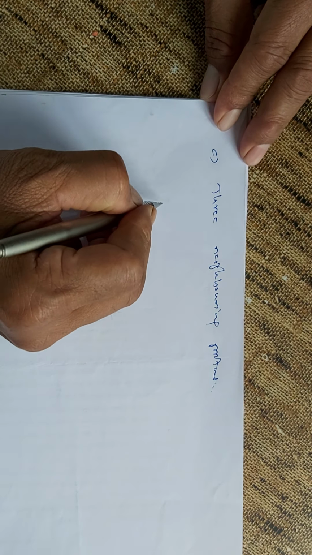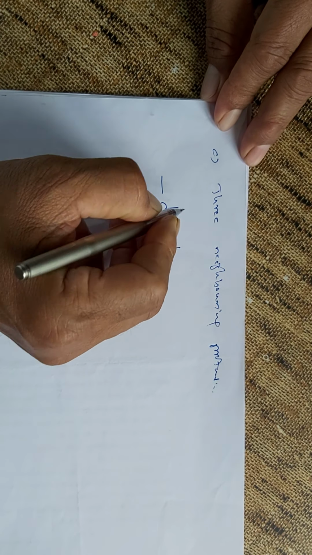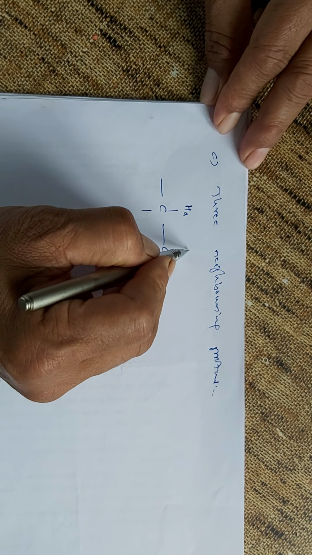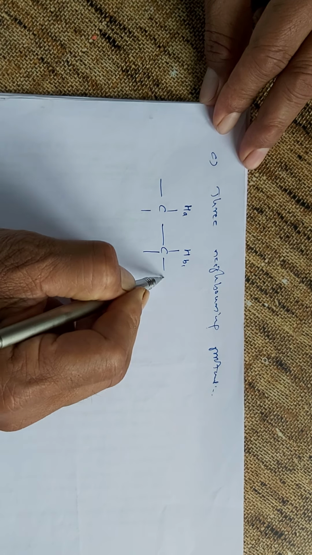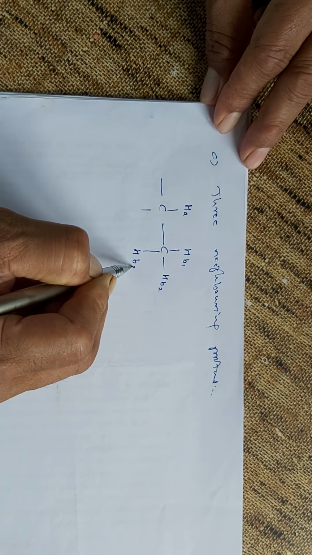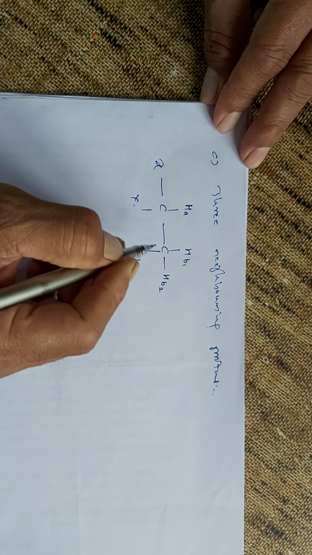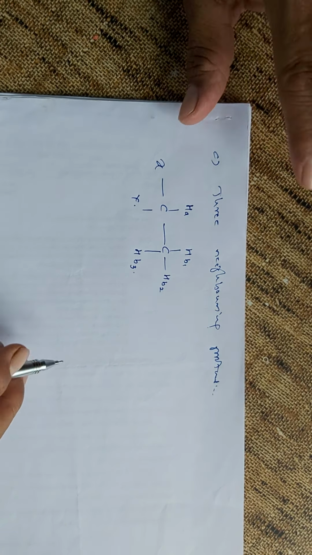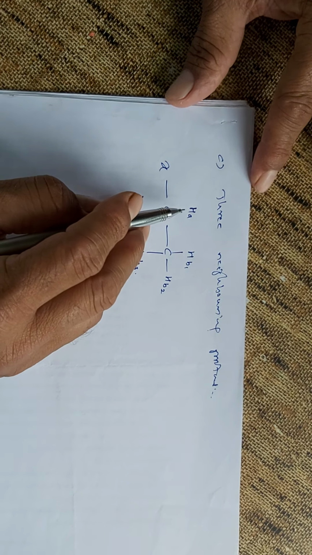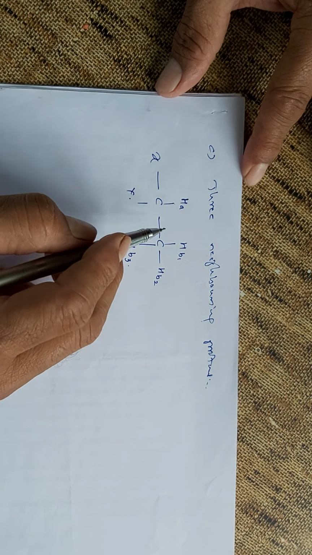So consider HA with respect to HB1, HB2, and HB3. So here there are three nuclei which will be coupling with HA.